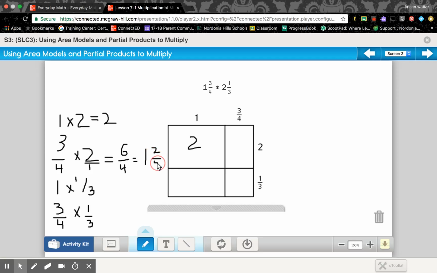So I could also call it 1 2/4, which is what I'm going to call it here. 1 2/4. Then we have 1 times 1/3. Well, anything times 1 we know is going to equal itself. So that is just 1/3.